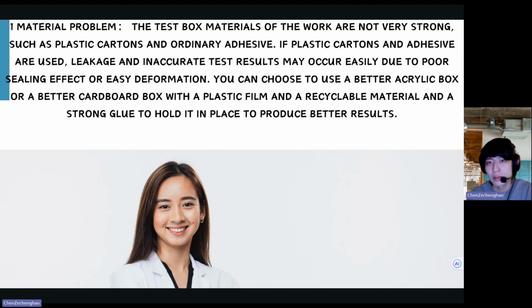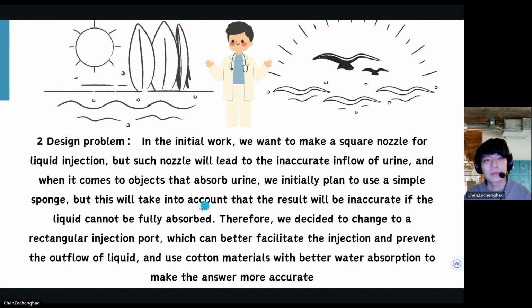You can choose to use a better acrylic box or a better cardboard box with a plastic film and a reusable material and a strong glue to hold it in place to produce better results.